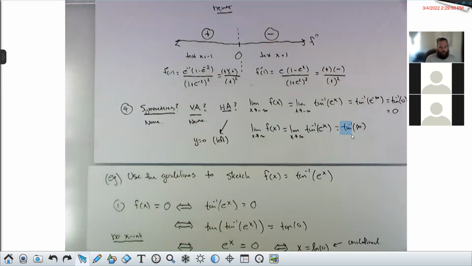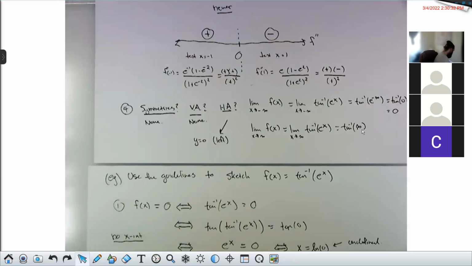What does arctan do as its inside gets really big? It approaches pi over 2. Excellent.